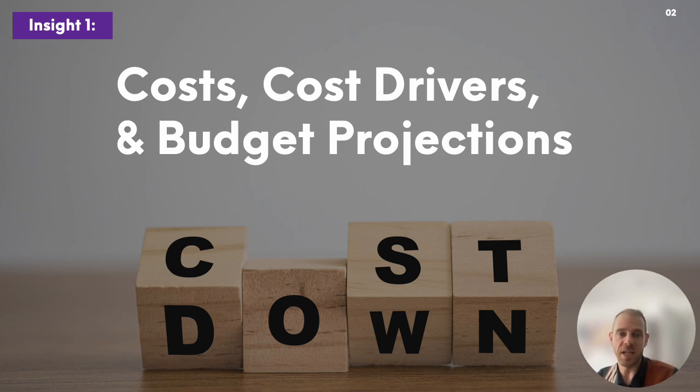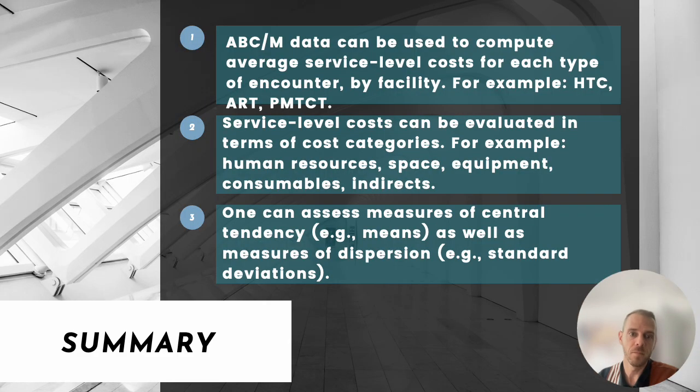The first insight pertains to costs, cost drivers, and budget projections. At a basic level, ABCM data should tell you about costs in the health system. That includes computing average service level costs for different types of encounters.